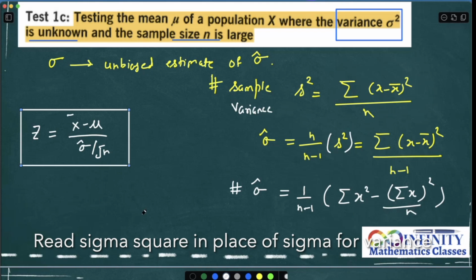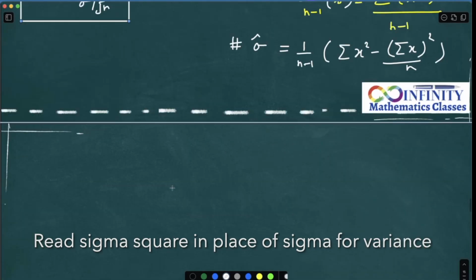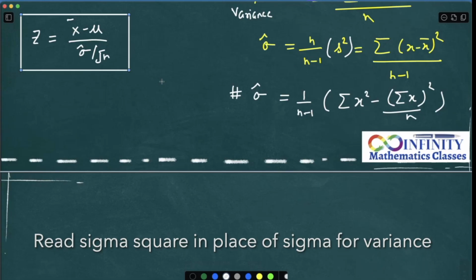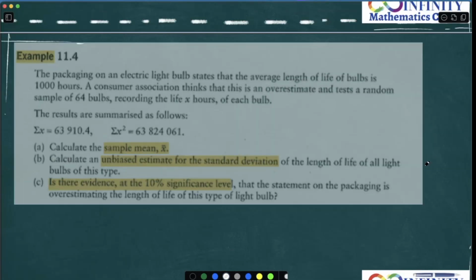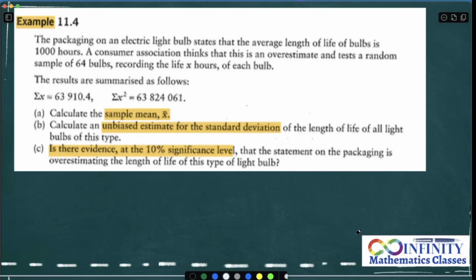Okay. I'll show you one question. Please be ready with pen and paper. Have you noted these values? Because I'm going to use them. The packaging on an electric light bulb states that the average length of life of the bulb is 1000 hours.